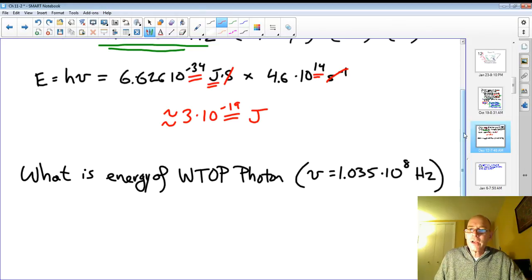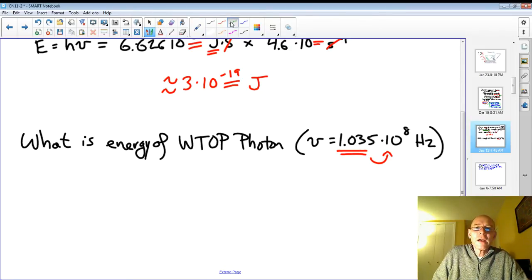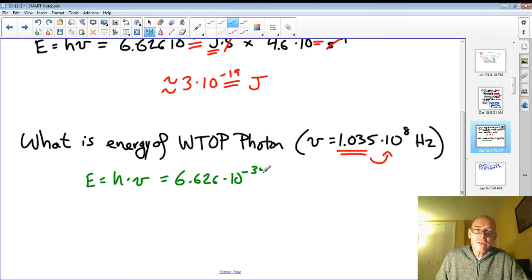Here's another one right here. How about the energy of that WTOP photon? We know the frequency of that photon of light. It's 103.5 megahertz, which if we convert just to hertz, it's 1.035 times 10 to the 8th hertz. So same calculation. Let's take E is equal to Planck's constant times the frequency, where you get 6.626 times 10 to the negative 34th joule seconds, multiplied by the frequency, which is 1.035 times 10 to the 8th.